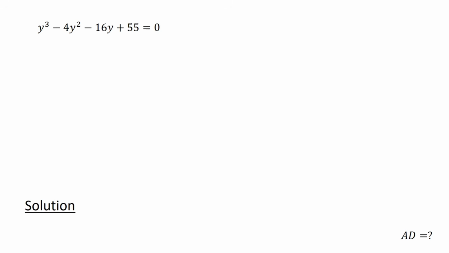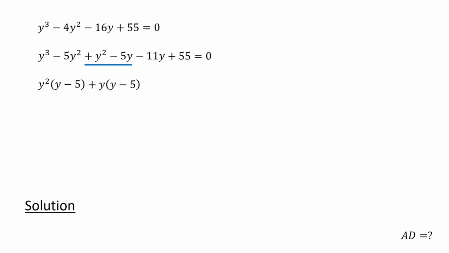We solve this cubic equation by writing minus 4y squared as minus 5y squared plus y squared, and writing minus 16y as minus 5y minus 11y. We then factor out y squared from these terms to obtain y squared times y minus 5. Factor out y from these terms to obtain y times y minus 5.